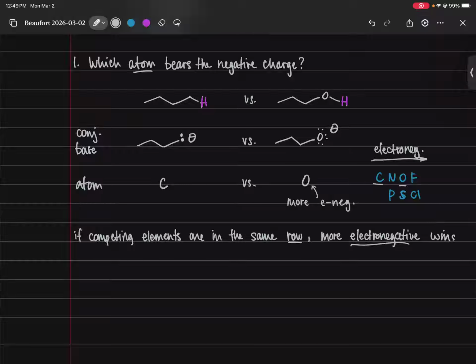The more electronegative atom is going to be the more stable conjugate base. And the more stable conjugate base will come from the stronger acid.